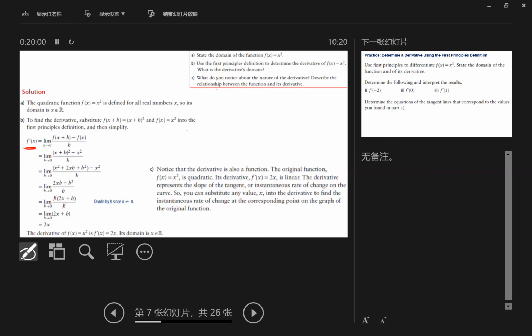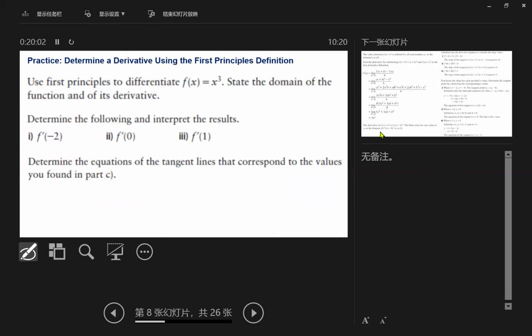All right, then let's do another practice. Use first principles to differentiate f(x) = x cubed. State the domain of the function and its derivative. Determine the following and interpret the results.